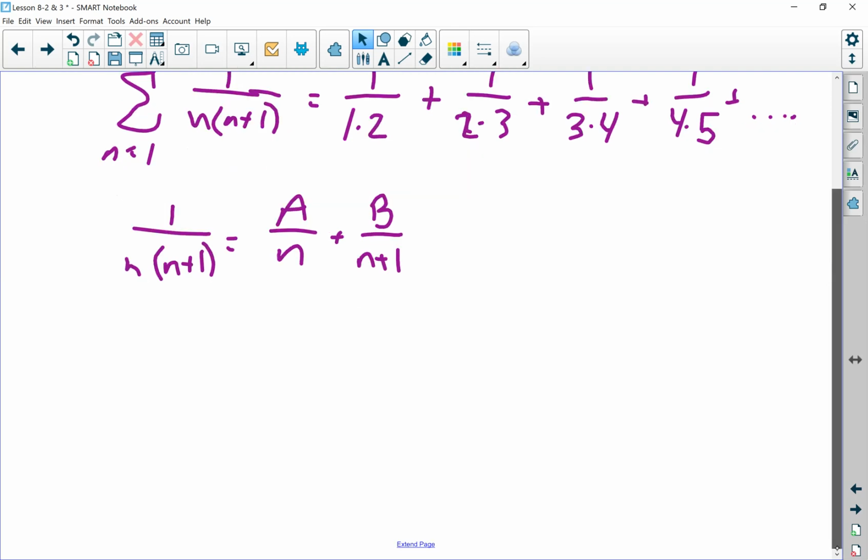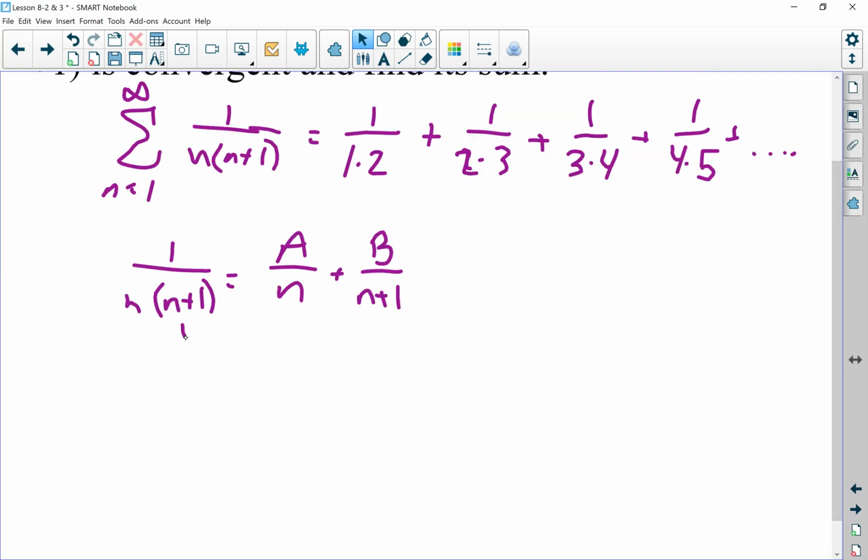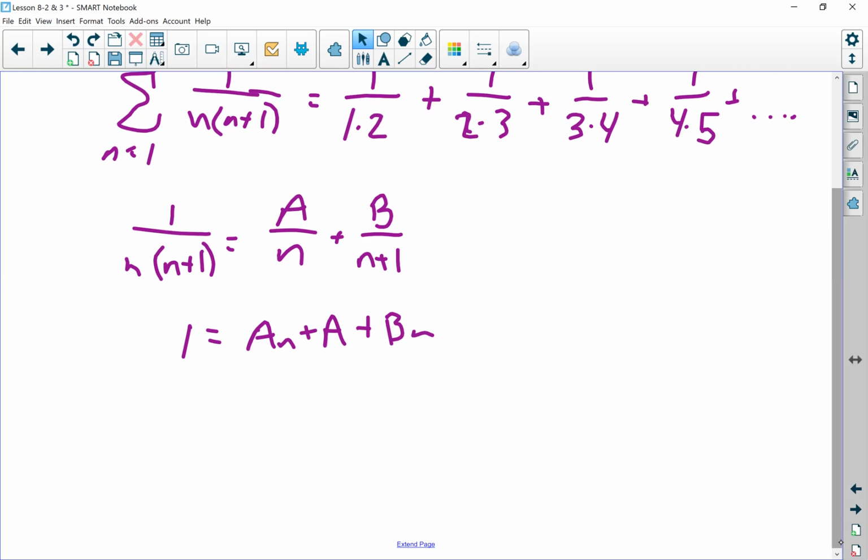All right, if I multiply both sides by n times n plus 1, I get 1 equals a times n plus a if I distribute the a and the n plus 1, and b times n. So I know I don't have any n's on the left-hand side.